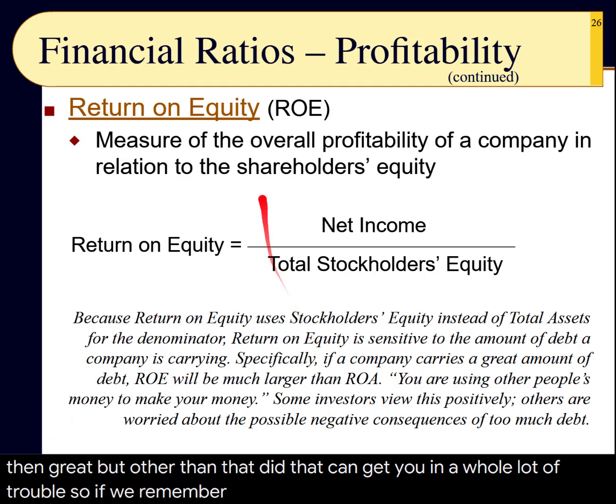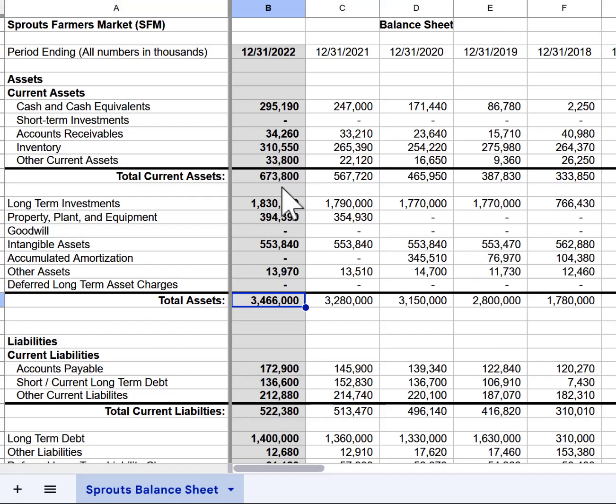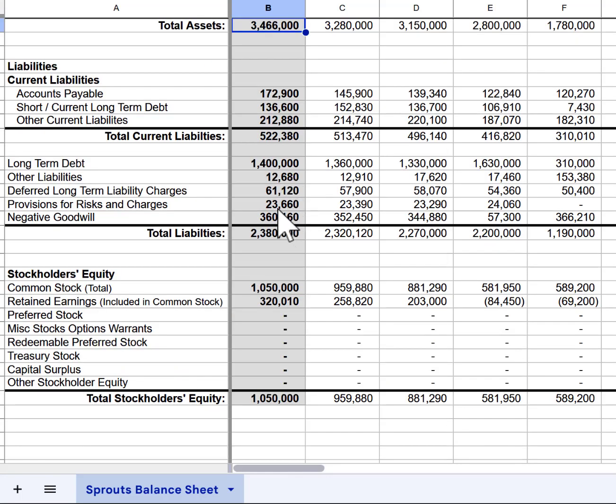So if we remember, let's go back to the balance sheet. Sprouts Farmers Market. I keep wanting to call it Sprouts Family Market. Sprouts Farmers Market had loaded up on a ton of debt, right?